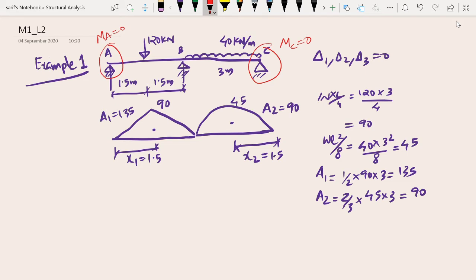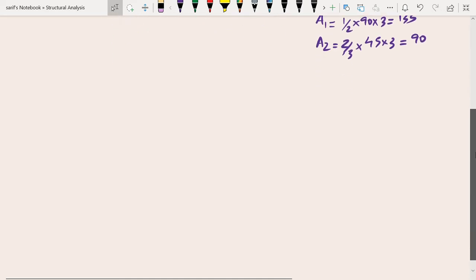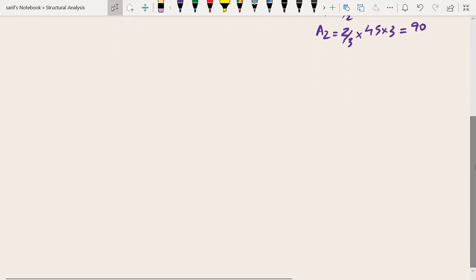To find MB, let us write the three-moment equation.